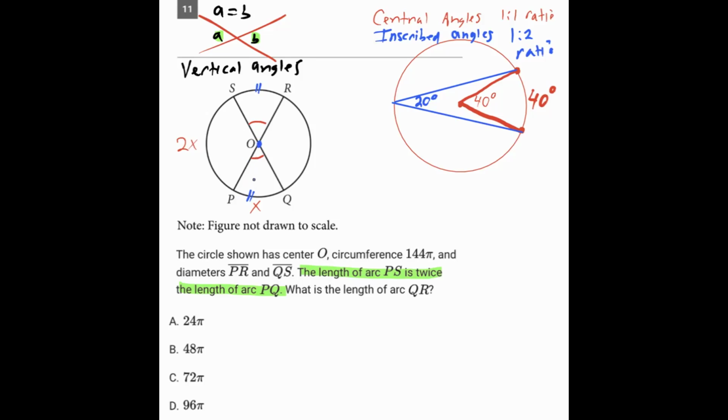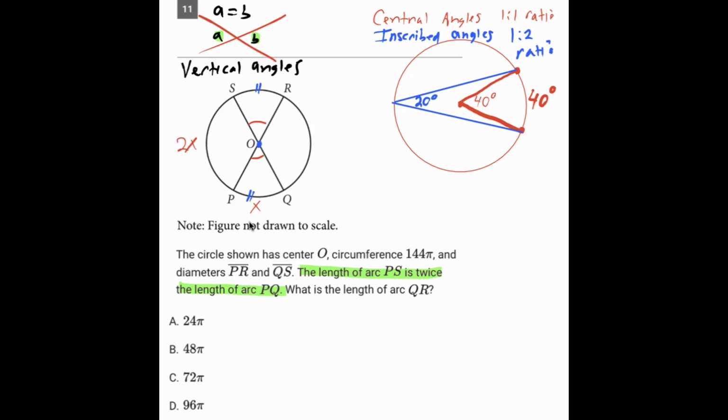So we know in terms of degrees that PQ and SR would have the same number of degrees, whatever those degrees are. But when we're talking about the 2x and the x, we're not talking about degrees, we're talking about the actual length. Like if you were an insect walking along this circle, how far would you walk? That's kind of what we're talking about there.